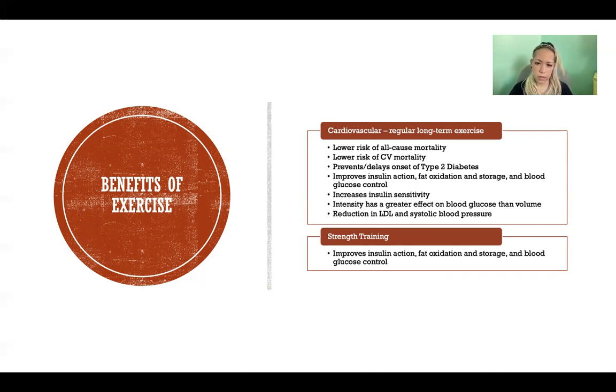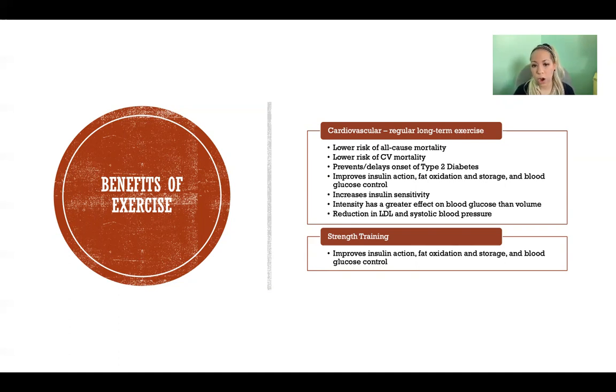In somebody who is predisposed toward type 2 diabetes or has pre-diabetes, it'll help prevent or delay the onset. It makes us more sensitive to insulin, so it improves insulin action. It improves fat oxidation and storage, meaning we store less of it. We oxidize more and use it for fuel and store less. And it improves our blood glucose control.